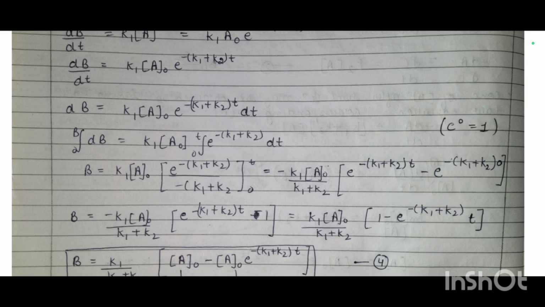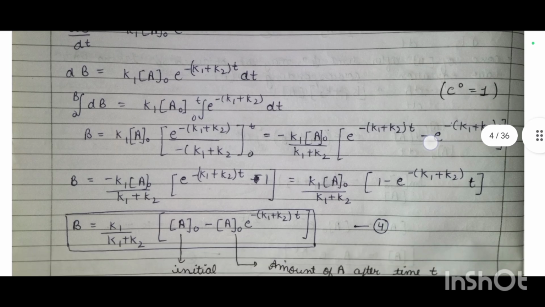So the integration of d[B] from 0 to [B] is equal to k1 [A naught] times the integration of e to the power minus (k1 plus k2) t dt, with lower limit 0 and upper limit t.